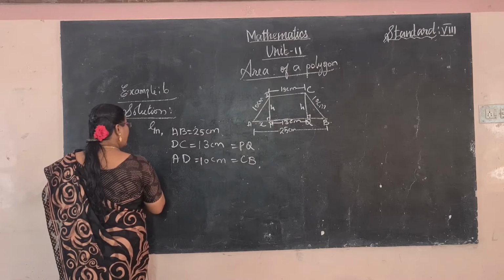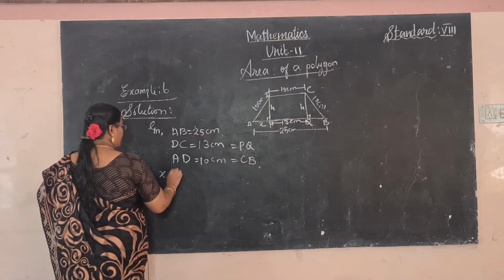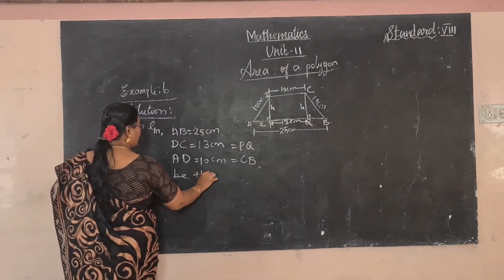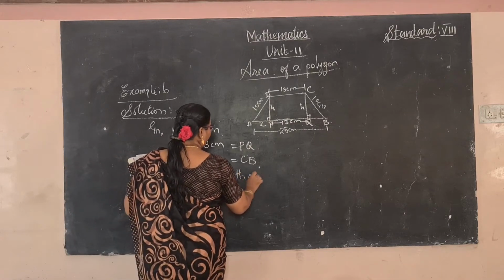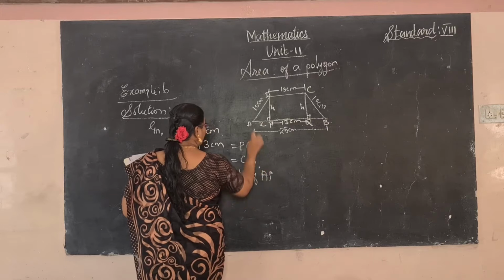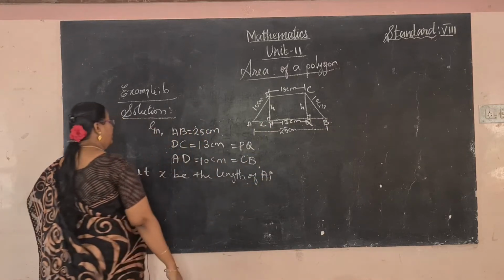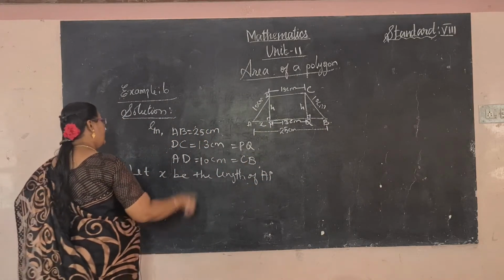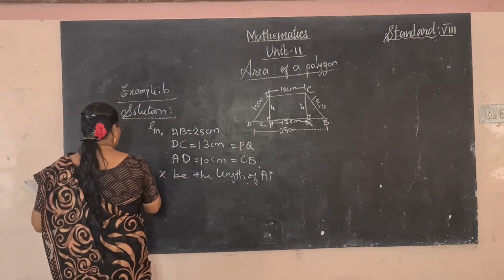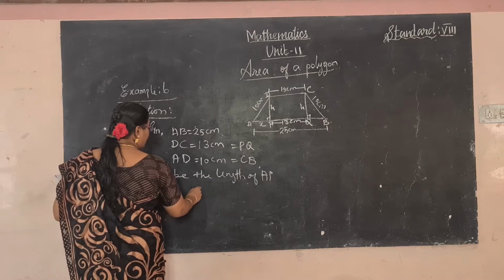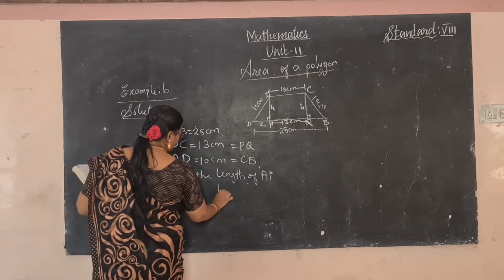Let X be the length of AP. I take this AP as X. Okay. And PD is the height of the trapezium, let H be the height.